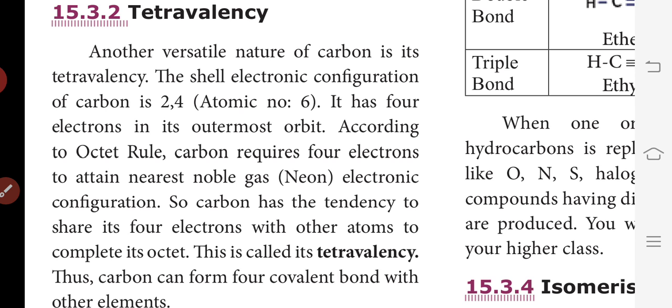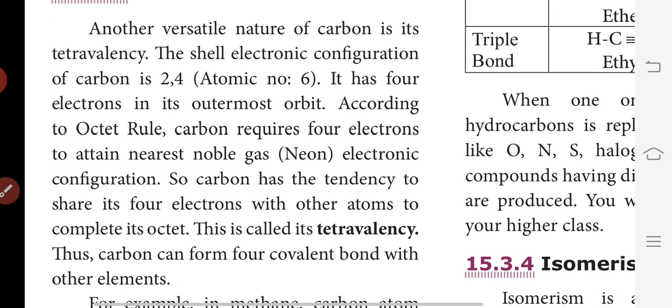That's why it is in need of 4 more electrons. It already has 4 electrons, but it needs 4 more. So it combines with other atoms to get 8 electrons so that it will become a lazy element. Such a combination, when it combines with other atoms to complete its octet, is called tetravalency.